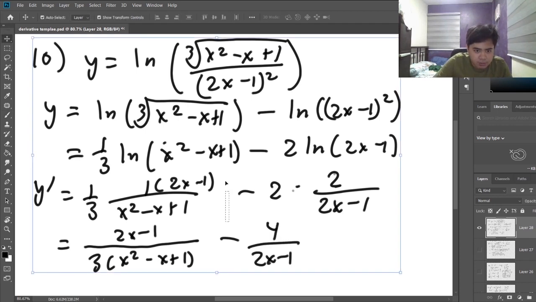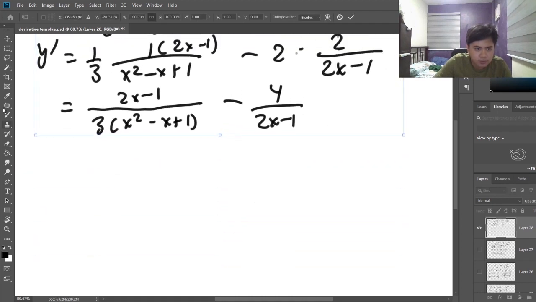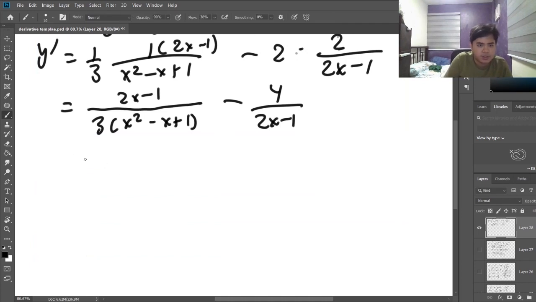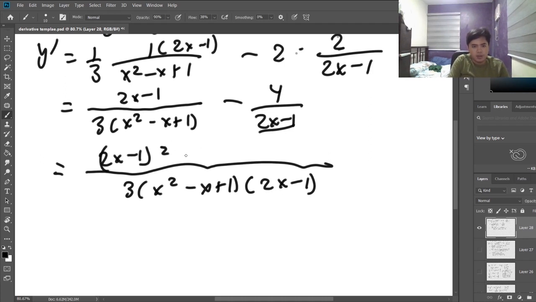After this, we can simplify this even further. So the denominator is going to be the LCD, which is 3 multiplied by x squared minus x plus 1, multiplied by 2x minus 1. So we need to multiply this toward there. So this is going to be 2x minus 1 squared minus 4 multiplied by this going there.